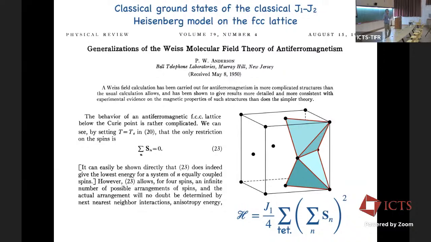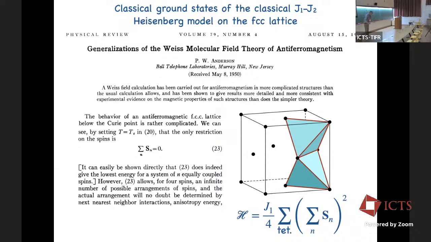Now, if we have 4 spins of equal length, there are many, many states that can satisfy this configuration. Chris Henley used to play a game, the spin lambada. Here you can draw your spins from tail to head, and you have to draw 4 spins, and if you draw them tail to head, tail to head, tail to head, they need to close.